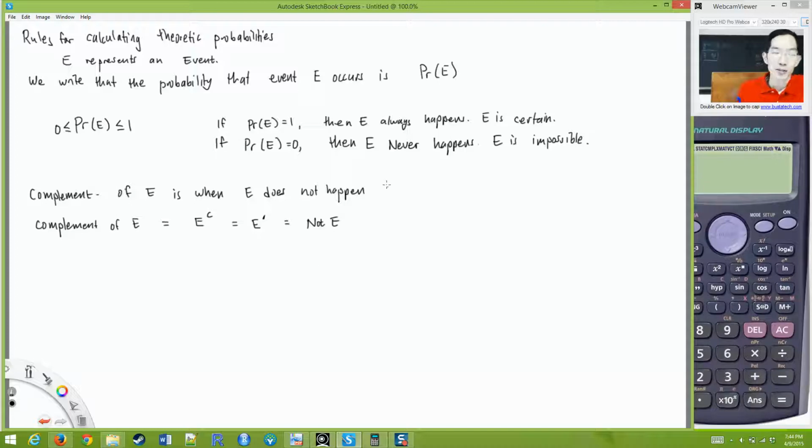So just a quick check, if we say we have the event that the coin lands heads, what is the complement of coin lands heads?